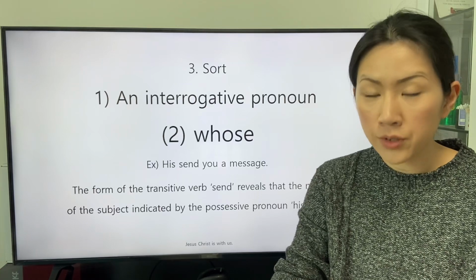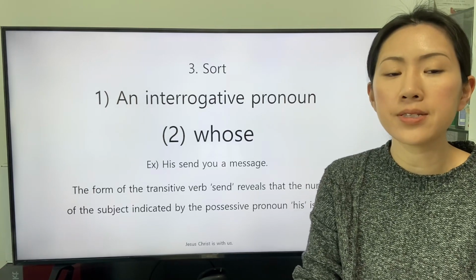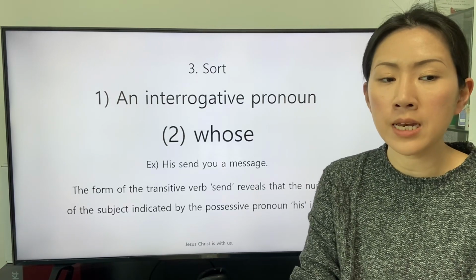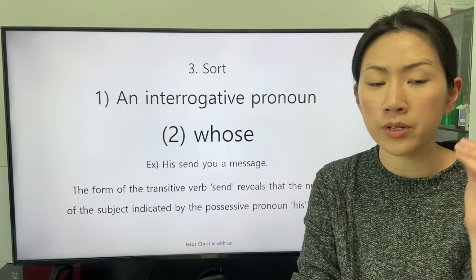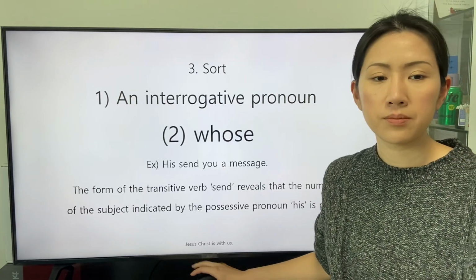The form of the transitive verb send reveals that the number of the subject indicated by the possessive pronoun his is singular.